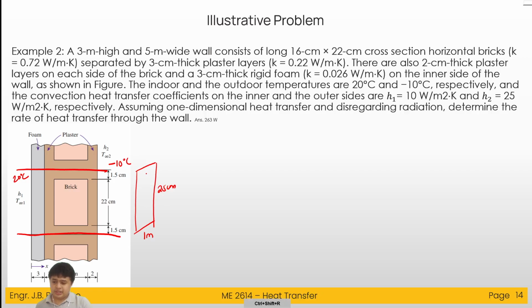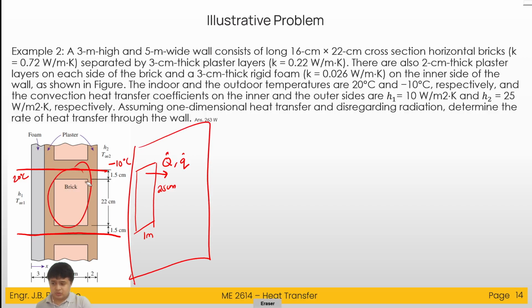So we will find the heat flow rate through this section, and convert this into heat flux, and then after that, we will find the actual Q for the whole wall. Because again, in a wall, you have multiple bricks, right?